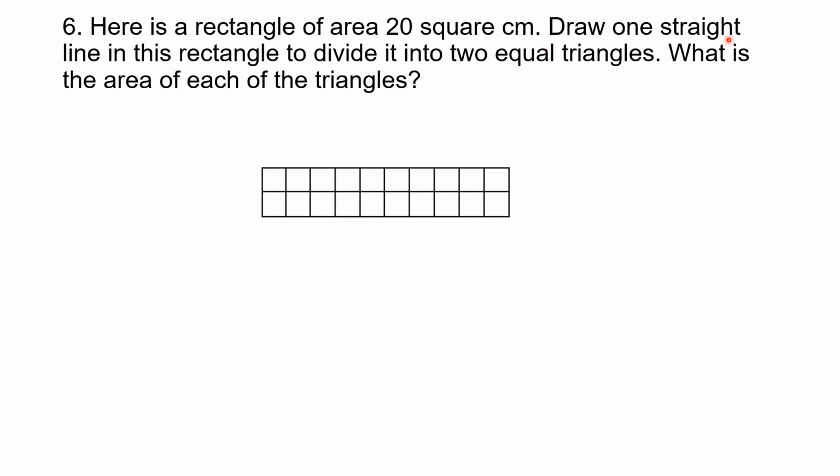Draw one straight line in this rectangle to divide it into 2 equal triangles. What is the area of each of the triangles? First, we have to draw a straight line in this rectangle, dividing it into 2 equal triangles. Let us draw.